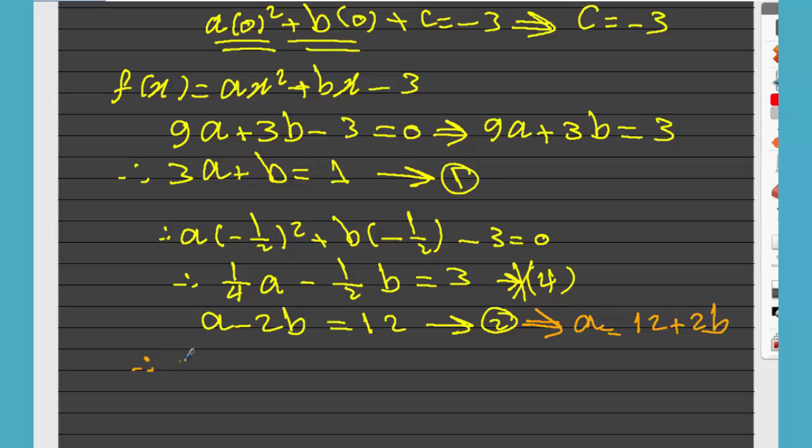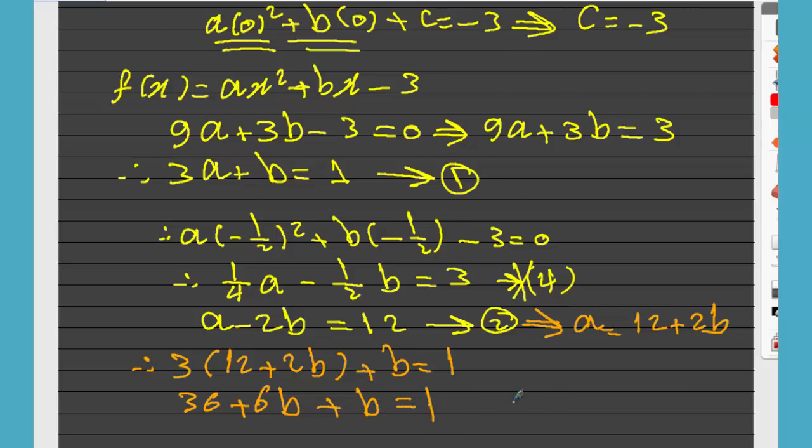So we will get 3 multiplied by 12 plus 2b, plus b equals 1. So 36 plus 6b plus b equals 1.